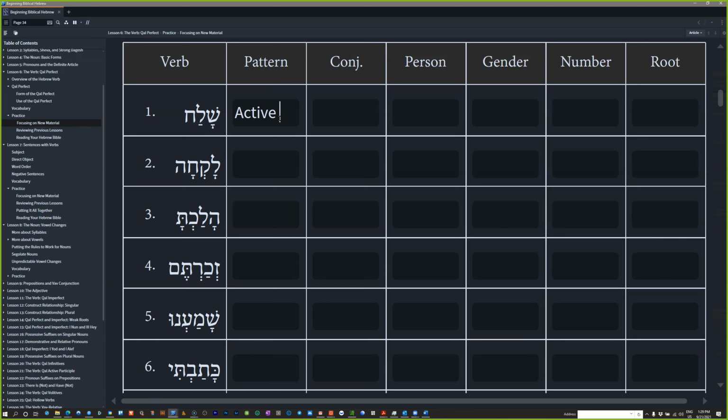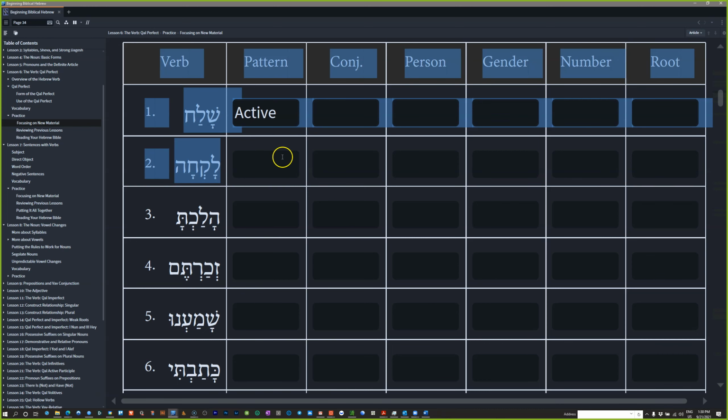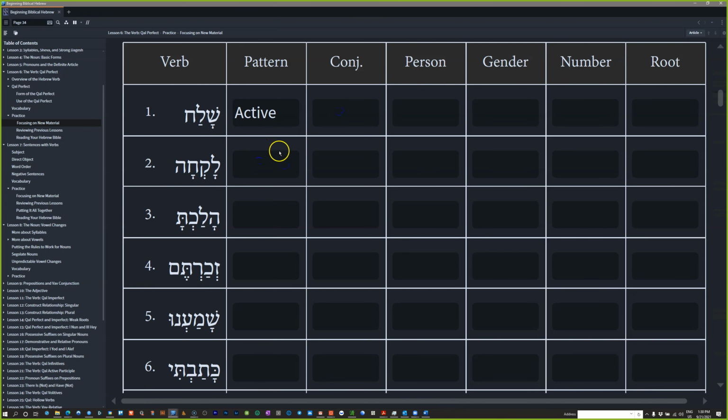And let's just say Qal also means that we're looking at simple action, which doesn't mean anything right now because we don't have anything to compare it to, but it's not, for example, causative. It's not necessarily repetitive or something like that.